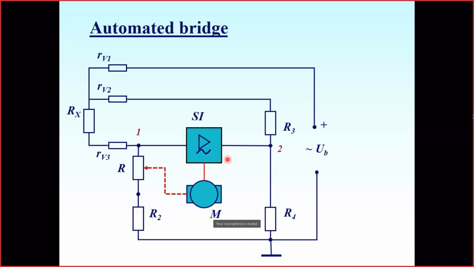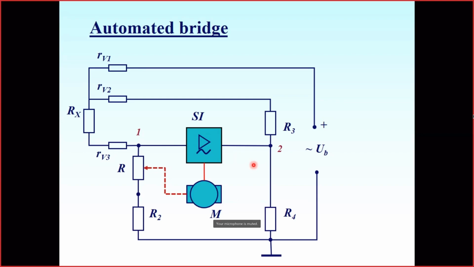If I switch the direction of rotation to the opposite, my bridge never comes to balance, because the bigger this imbalance is, the bigger this voltage will be, and the motor will regulate the resistor in such a direction that this difference becomes bigger and bigger.